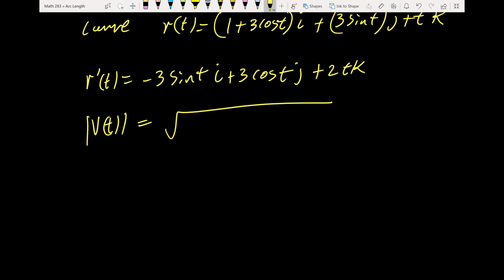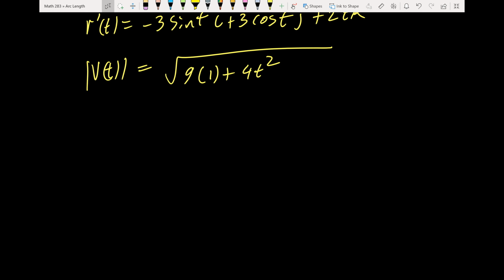Just 3. Interesting. Which is 9. And then just 1 plus 4t squared. Yeah.